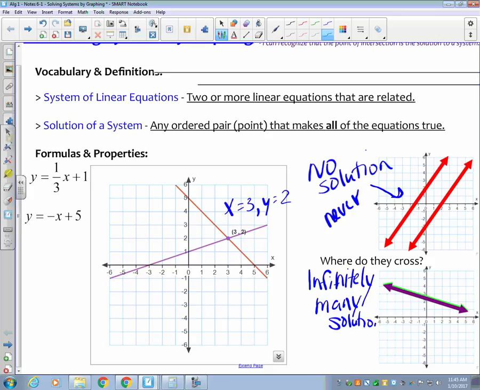Every number you put in for x and y will give you the correct answer. So there's an infinite amount of solutions possible. So the three possibilities are they meet at a point, they never cross and it's no solution, or there are infinitely many solutions.